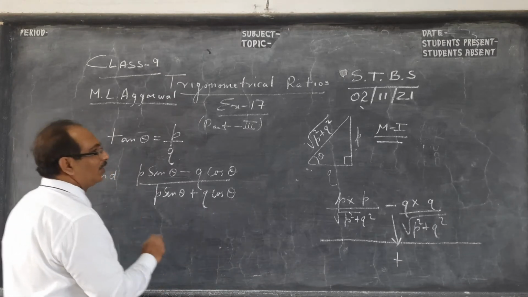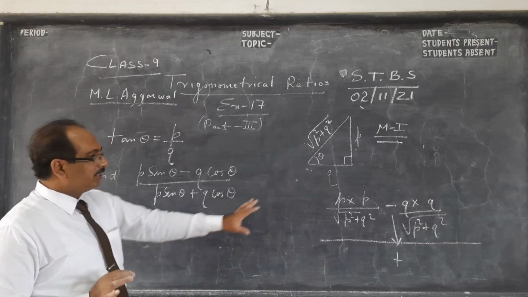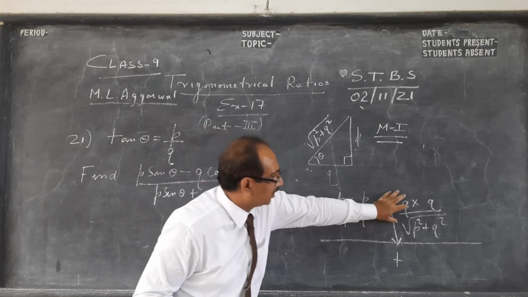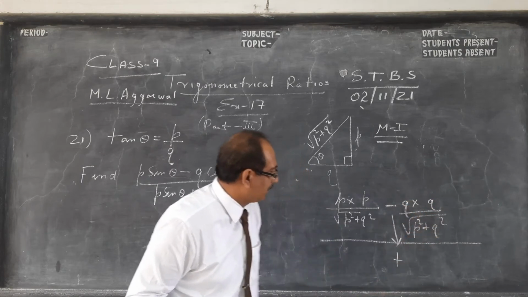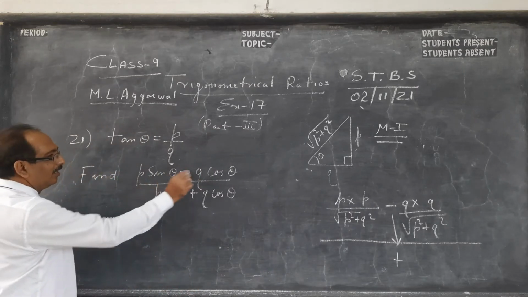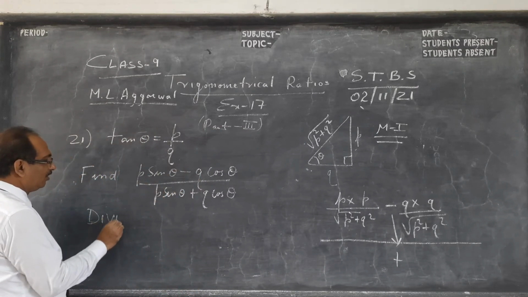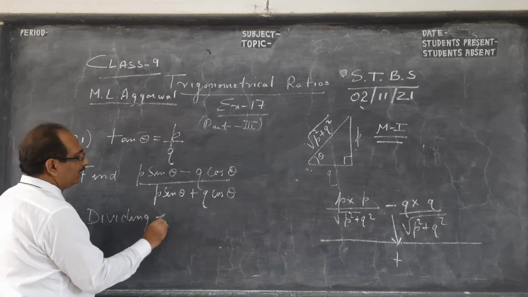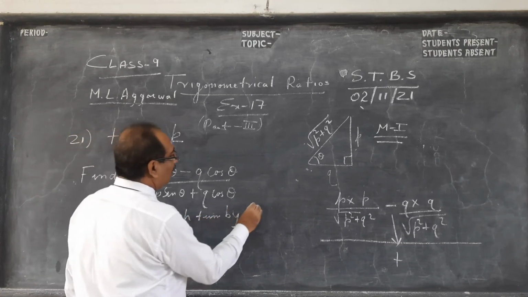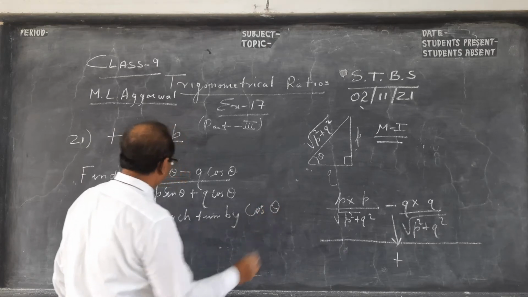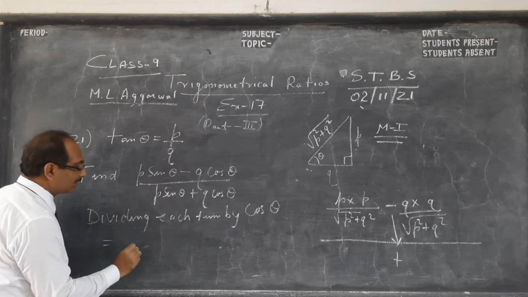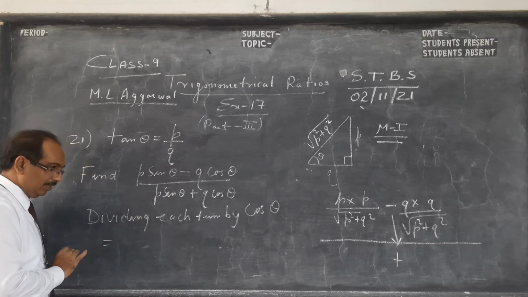Here, this was the traditional method. P sine theta, Q cos theta, same thing in the denominator but with plus sign. But here we divide each term by cos theta, see what happens. Dividing each term by cos theta, I'll show you in detail.